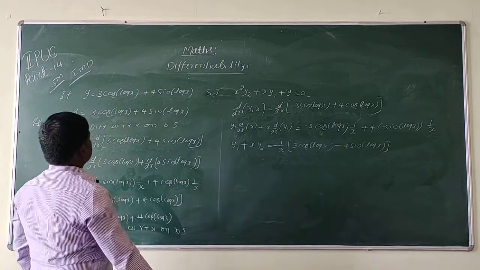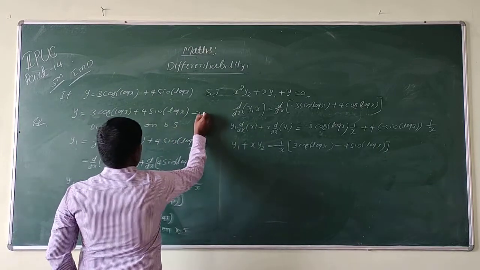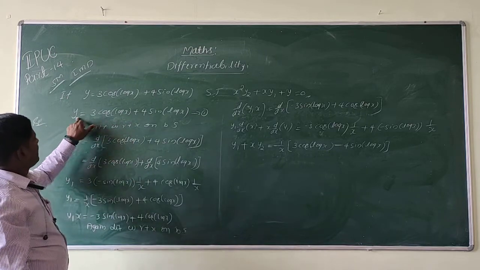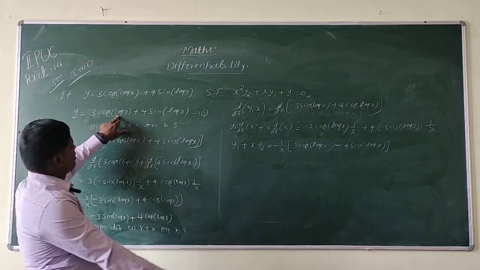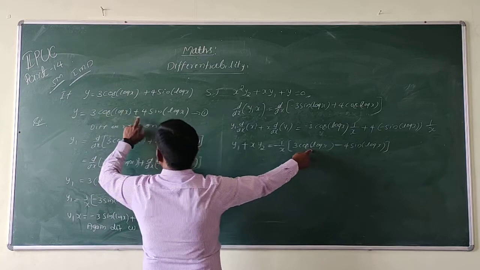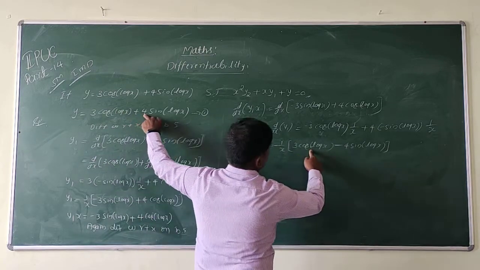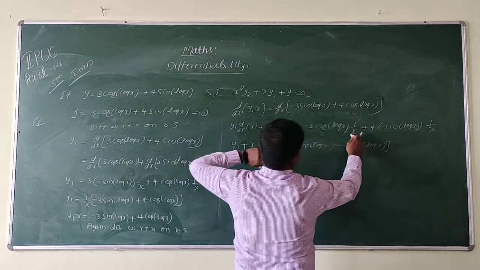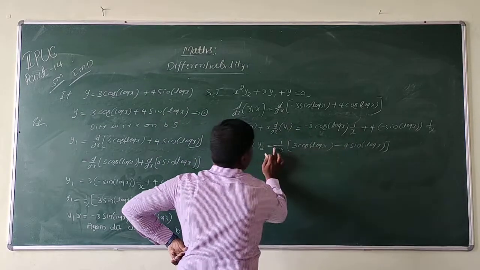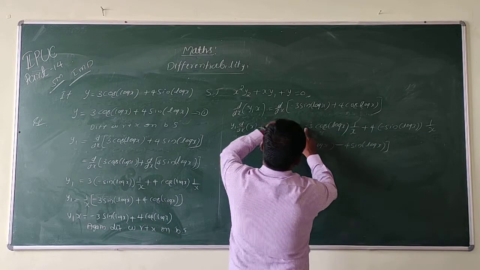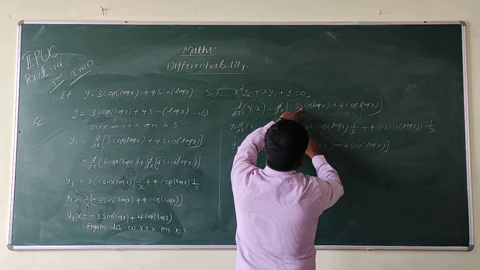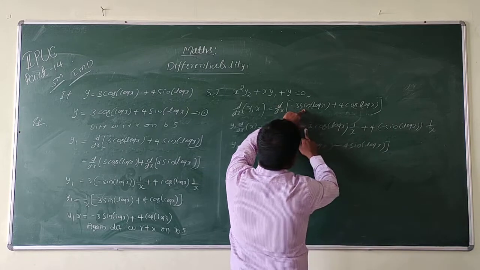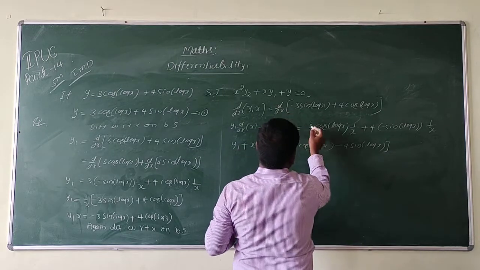So by equation 1, suppose I am taking this as equation number 1. From equation 1, y is equal to 3 cos of log x. And minus, so here I am taking minus. So once again check. Differentiation of this one is, oh, this is positive.